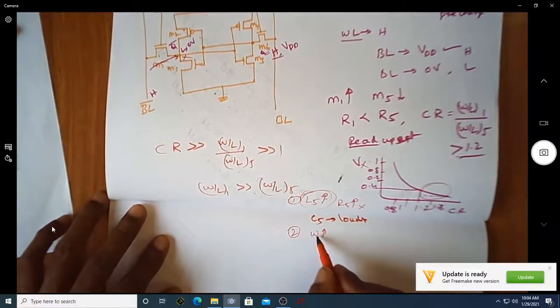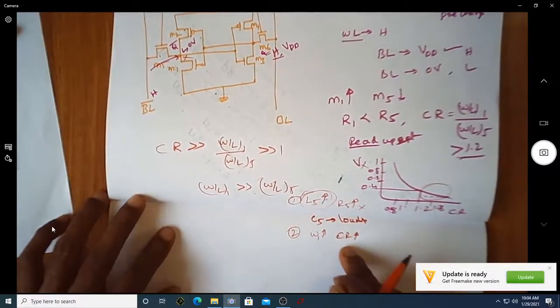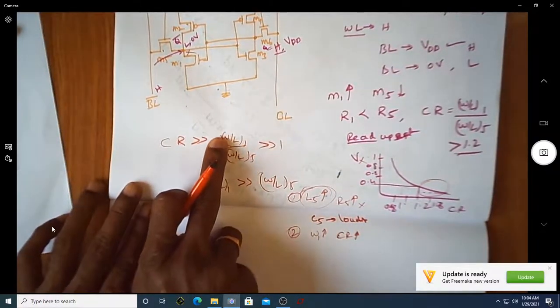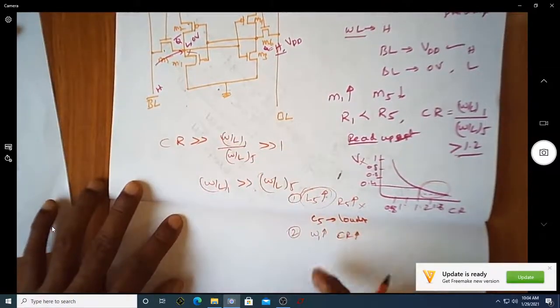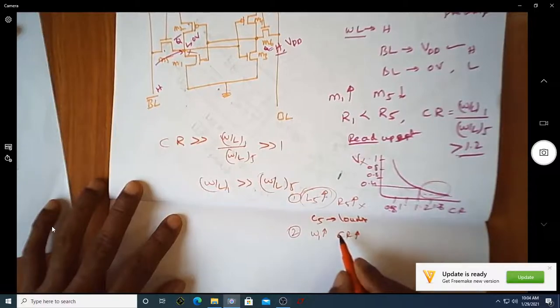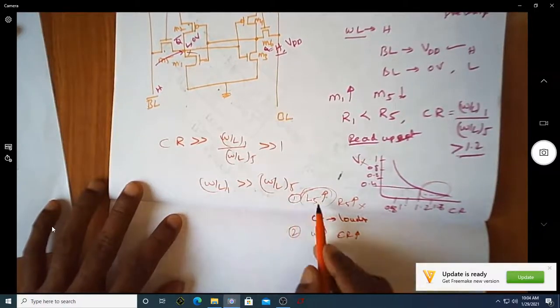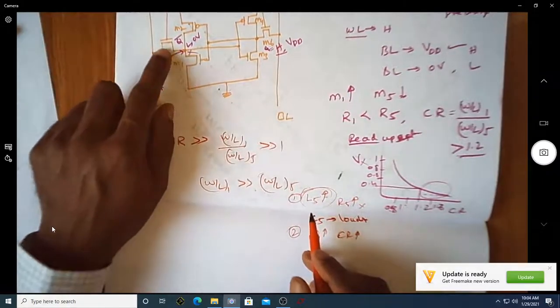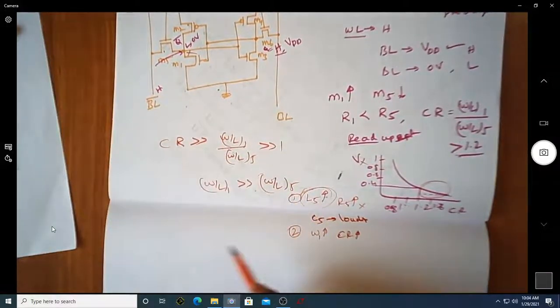If I increase the dimension of the first transistor, naturally CR will certainly increase. Because if you increase the dimension of W1, you can see it is proportional to CR. If I increase W1, CR also increases. Of course, please retain the dimension of this M5 transistor as small as possible, so that it doesn't load the previous circuit.